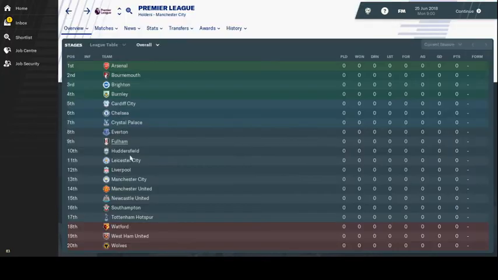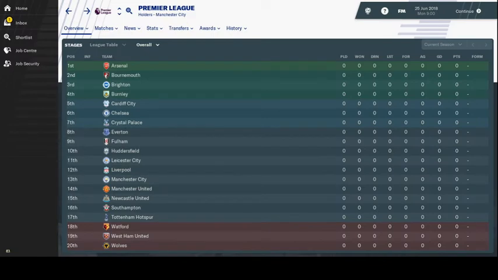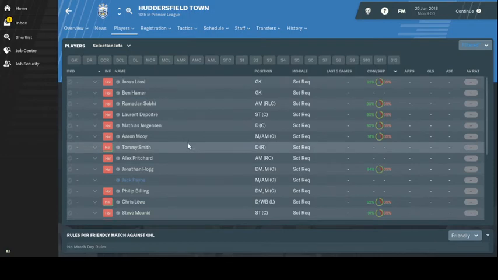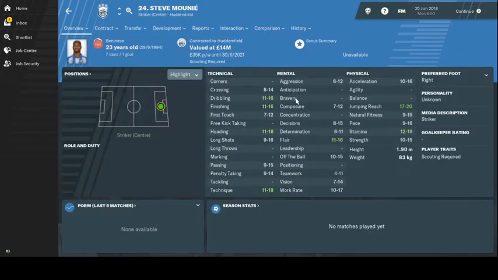Another example: last season the relegated teams were Cardiff City, Fulham and Huddersfield. If we take Huddersfield, we could choose their best player, Steve Mounier. His stats are not up to par with the player we compared just now, with passing of 9 up to 15 and possibly technique 11 up to 18.